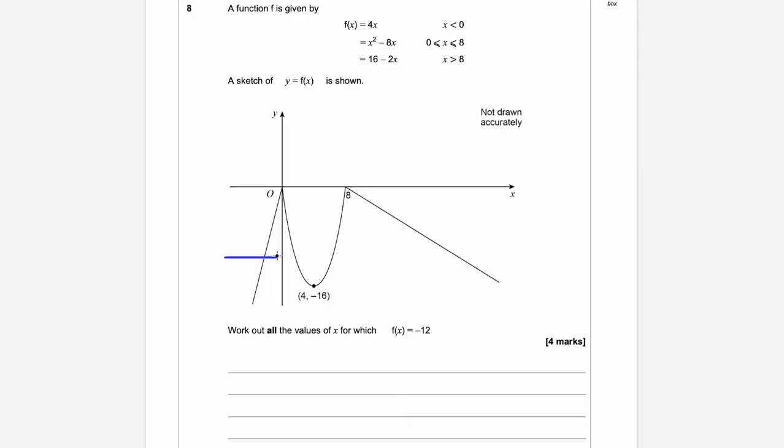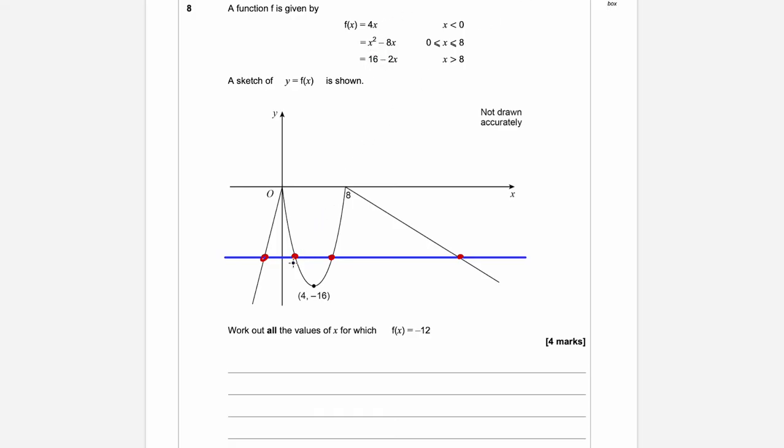Now I'm going to draw a line across like that, just to show you there are 4 values of x. There are 4 solutions because it equals negative 12 here, here, here, and here. One of them will be for this, 2 of them for this, and 1 of them for this.